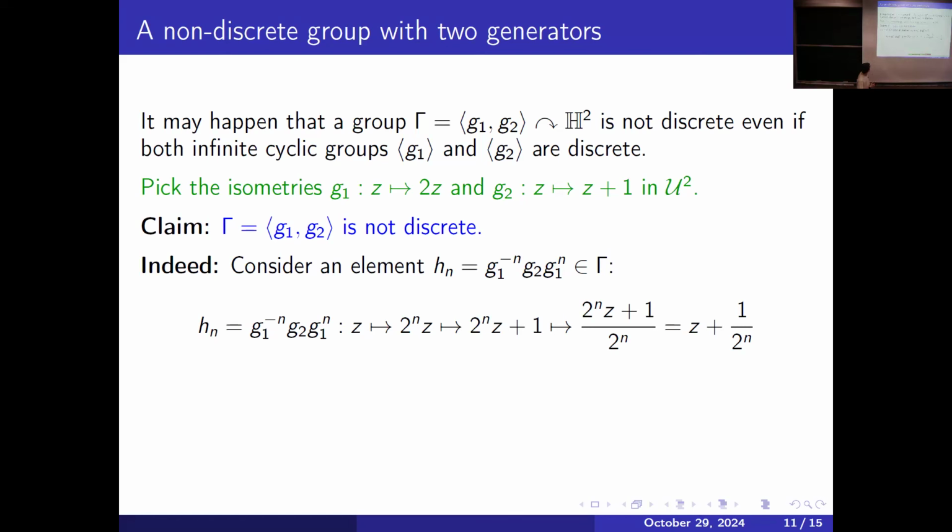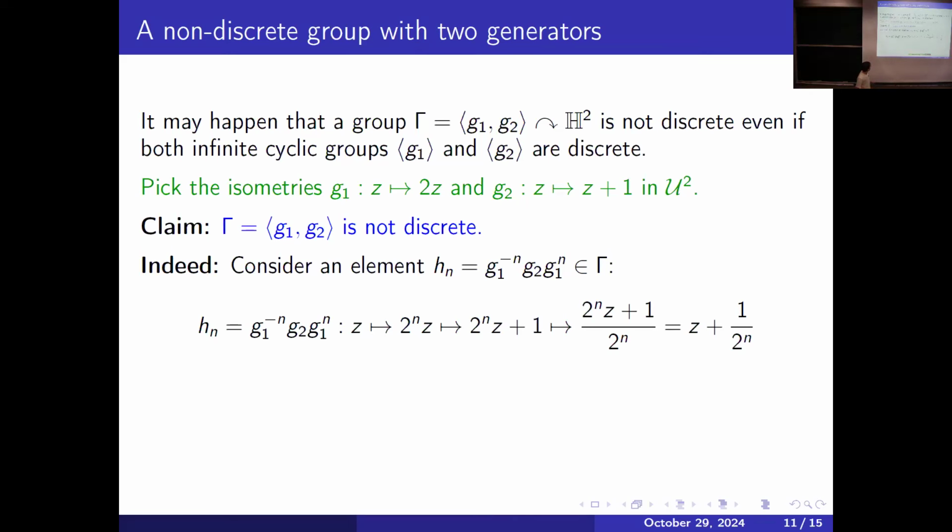So let us do it. Consider the following element Hn, which is the conjugation of G2 by G1 to the power of n. Obviously, this is an element of the group gamma, right? It's just some word in G1 and G2. Both G1 and G2 and their powers belong to gamma.